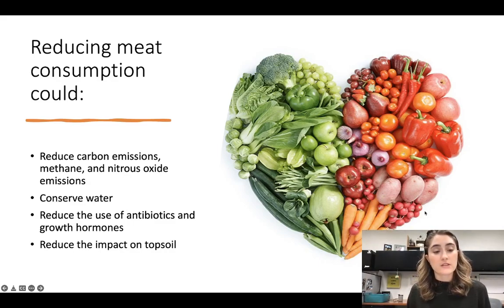So it will save some water. It will also reduce the use of antibiotics and growth hormones. This is good. We see less antibiotic resistance, and we're eating a more natural meat that doesn't require a growth hormone, where we're allowing the animal itself to get to size naturally. And it will reduce the impact on topsoil, as you have fewer ungulates impacting that soil that could be very nutrient rich.